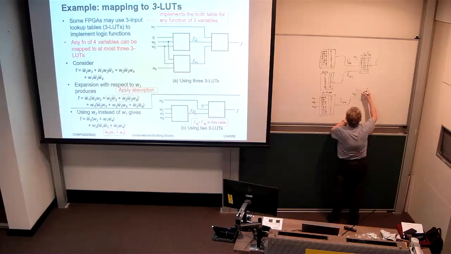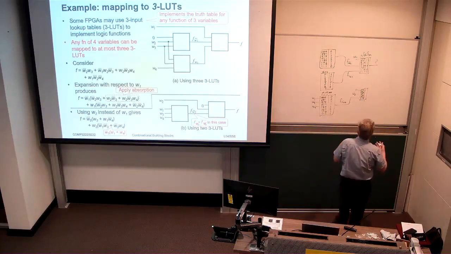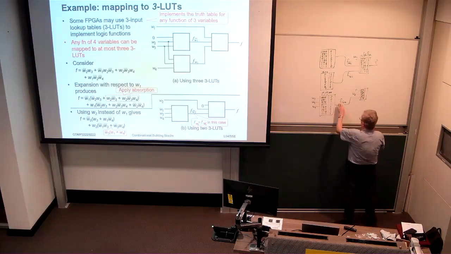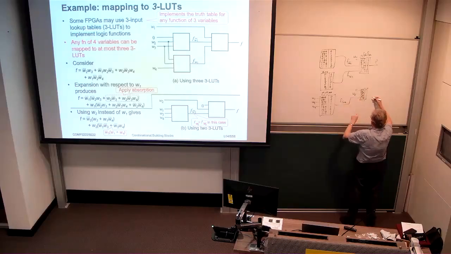and we have 0. So we have, right, and this is saying, well, when W2 is 0, we want this value. So when W2 is 0, that's in the first two rows, and that means we're just copying whatever the cofactor of f with respect to W2 bar is.